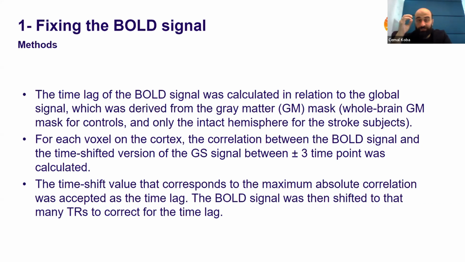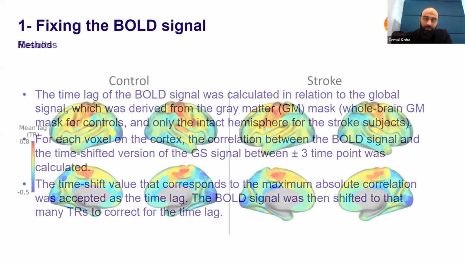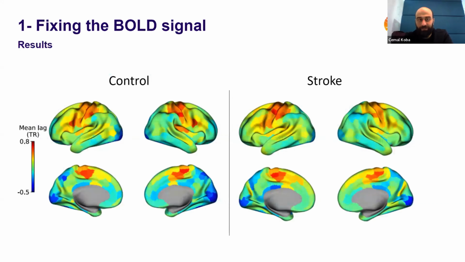We picked the time point that has the highest cross correlation value with the global gray matter signal, and then we shifted the time series to make sure this delay is adjusted for. This procedure gave us these two delay maps for two groups.